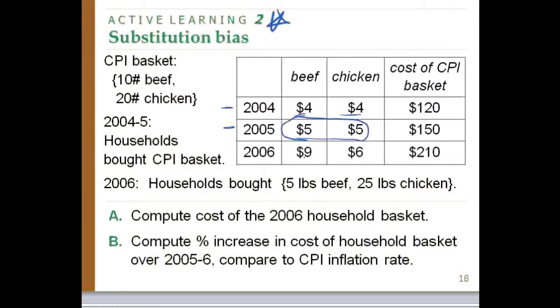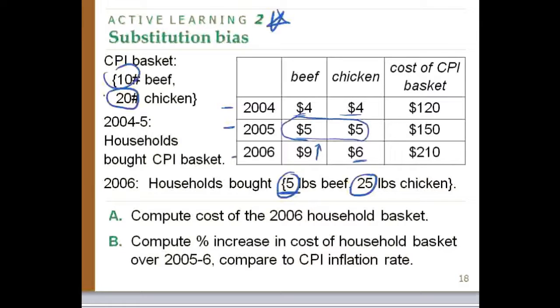However, in 2006, you can see that the price went up significantly for beef and only a little bit for chicken. So in 2006, we can assume that the consumer lowered the quantity they purchase of beef and switched their quantity demanded to chicken, a less expensive substitute.